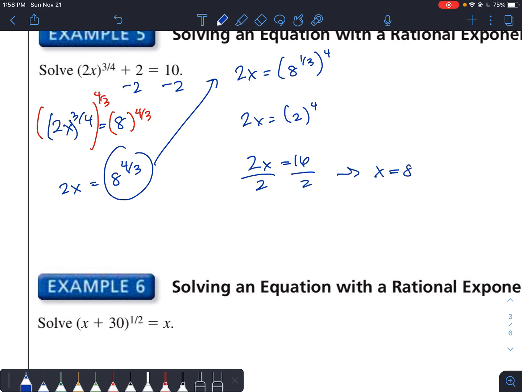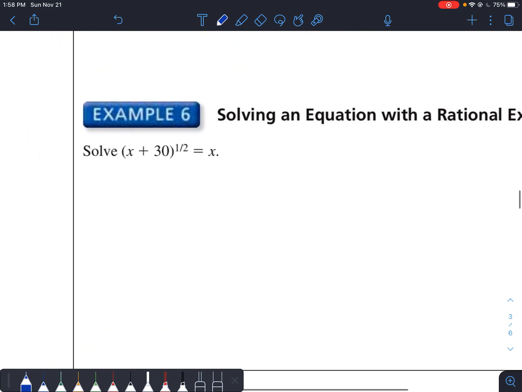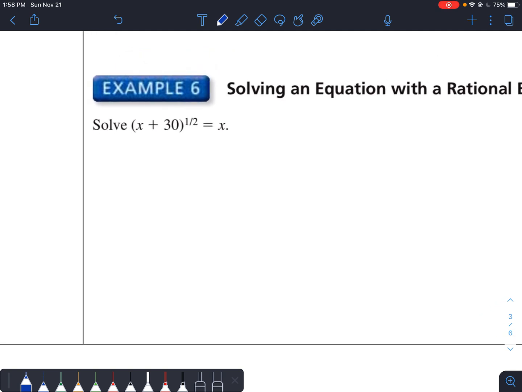I'm going to go to example 6. So I have x plus 30 to the 1/2 power. This radical expression is already by itself. So I could square this, which is the reciprocal of 1/2, but I square this side as well. So I would end up with x plus 30 is equal to x squared. Note that I have a quadratic equation now.